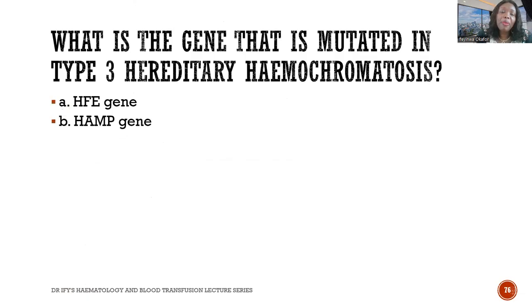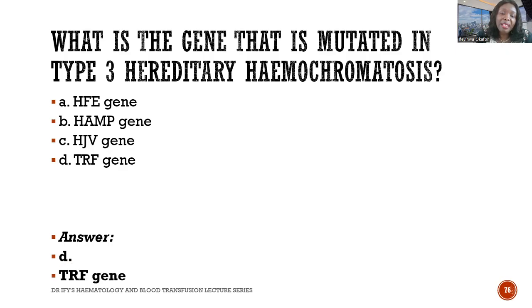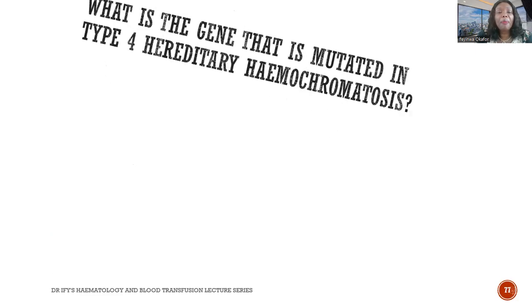HFE gene, HAMP gene, HJV gene, TRF gene. Answer D, TRF gene. The transferrin receptor 2 gene is responsible. The mutation in this gene is responsible for type 3 hereditary hemochromatosis.